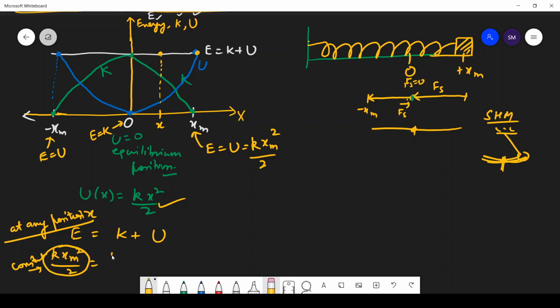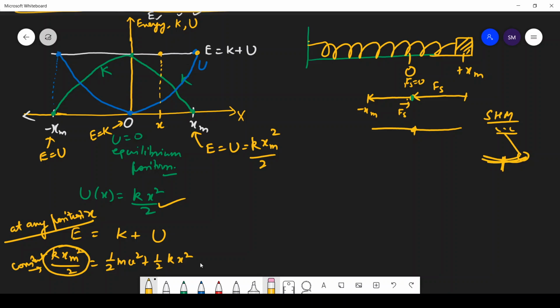K is equal to half mv square, plus what is your potential energy? Potential energy at any point x is given by half k x square.